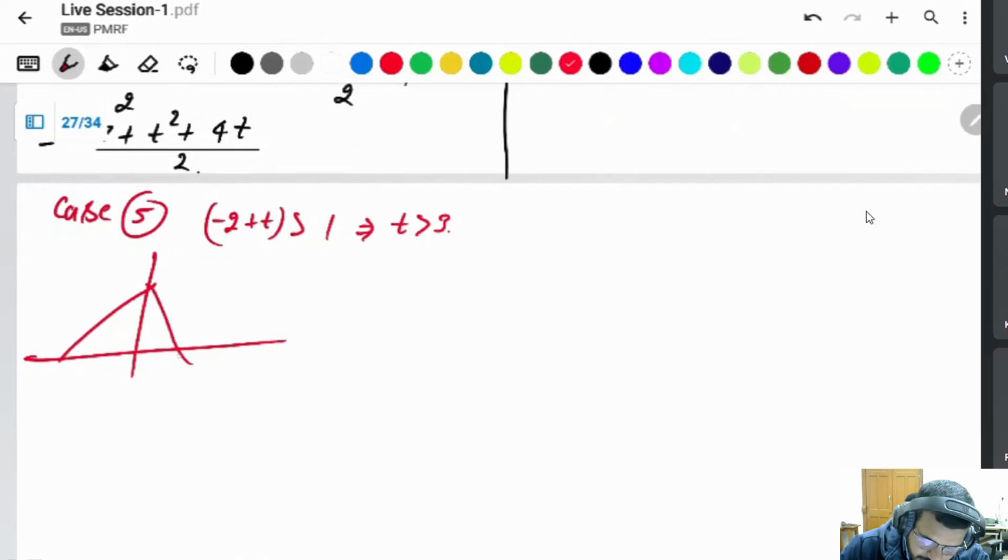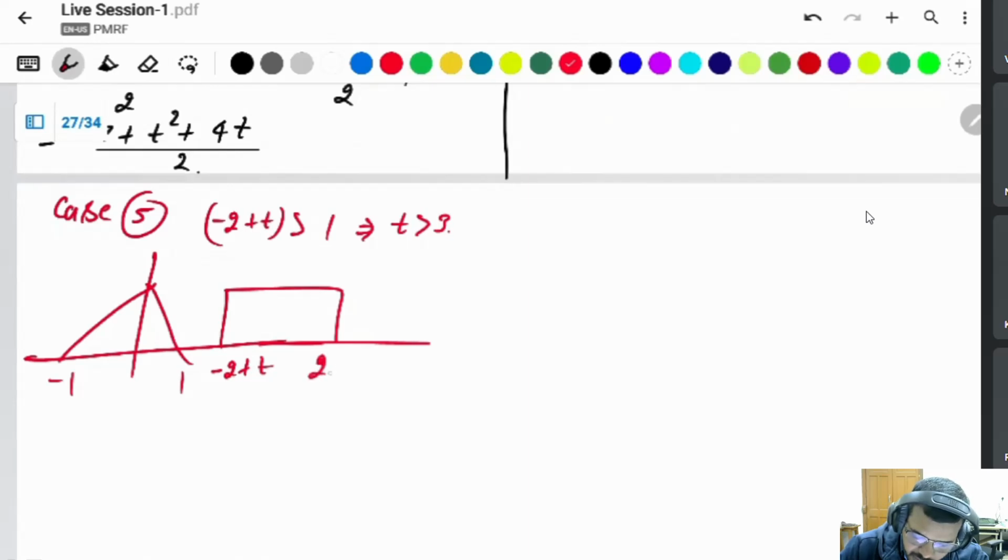Then what the overlapping minus 1, this will be here minus 2 plus t, it means this will be 0, y(t) in this case 0.